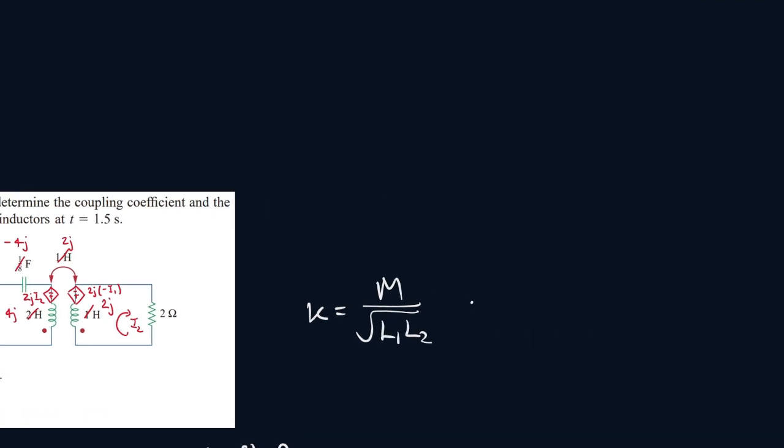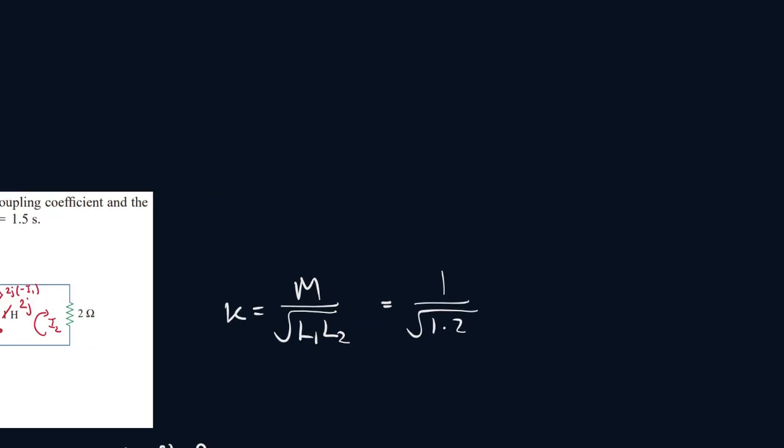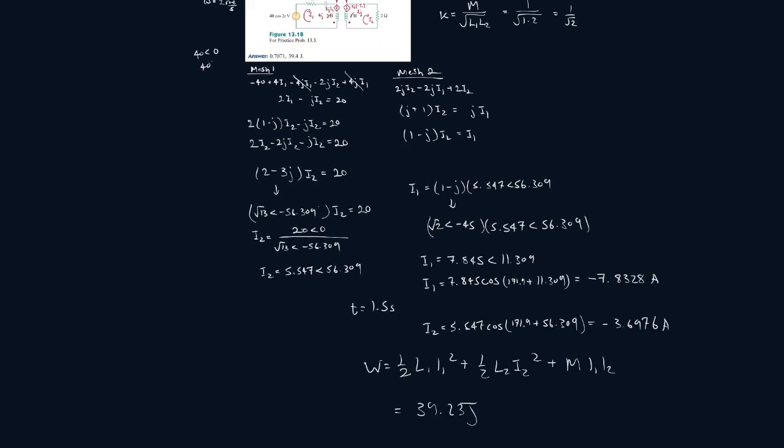And then, oh yeah, we also forgot one more thing, our coupling coefficient. So it's pretty much K, M over the square root of L1 times L2. So it's pretty much 1 over the square root of 1 times 2. So it's pretty much just 1 over the square root of 2. So those are our final answers.